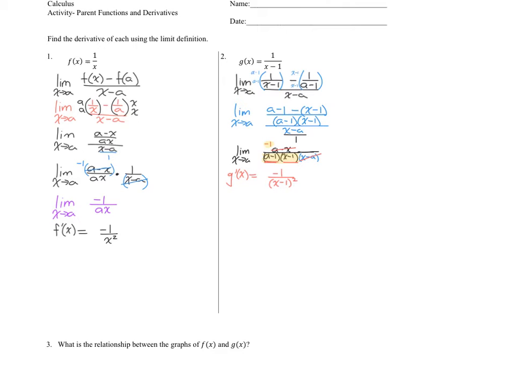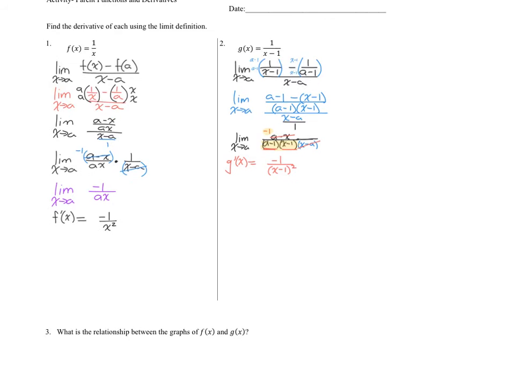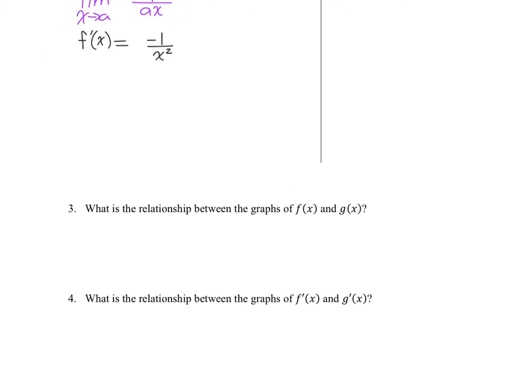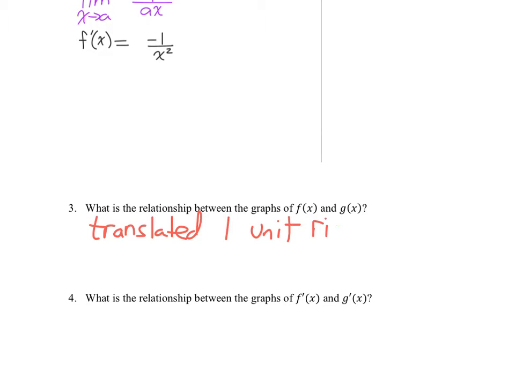So translated 1 unit to the right. All right, it could have been 10 units to the right, 20 units to the left, whatever. In this case, it's 1 unit to the right because that's what was being subtracted from x.